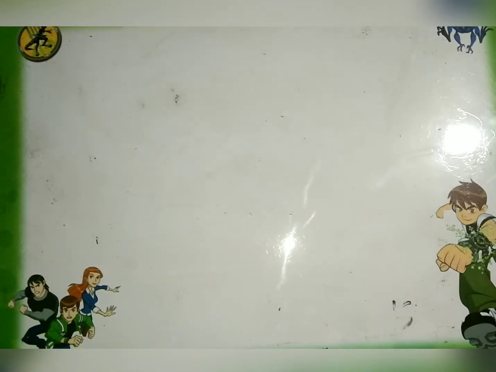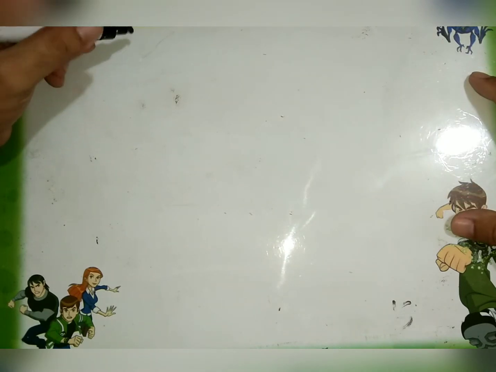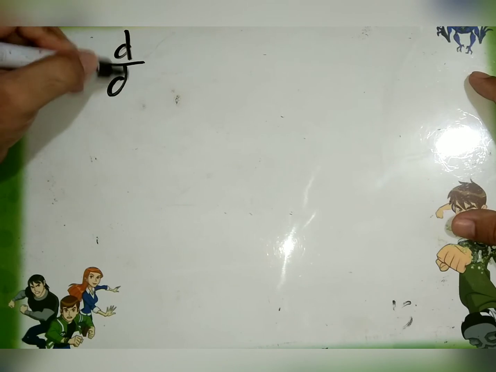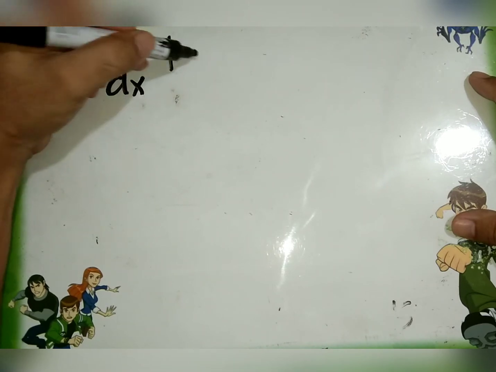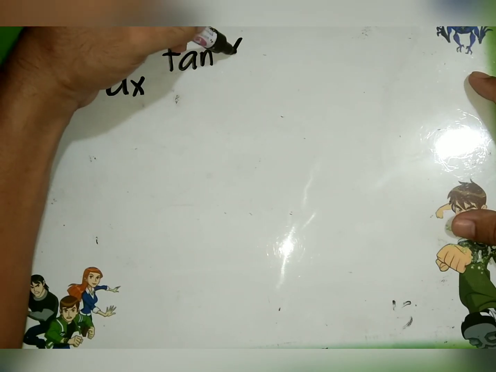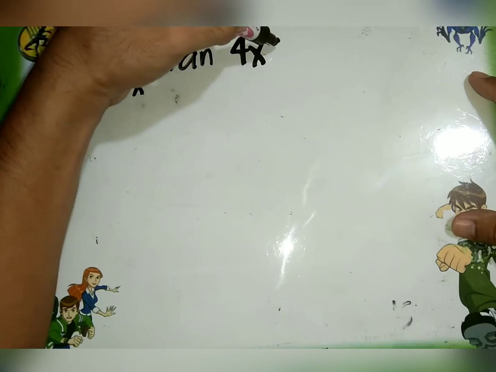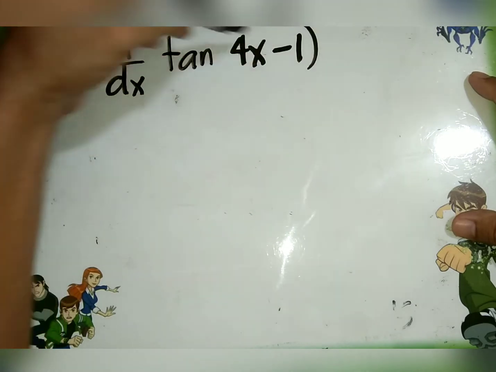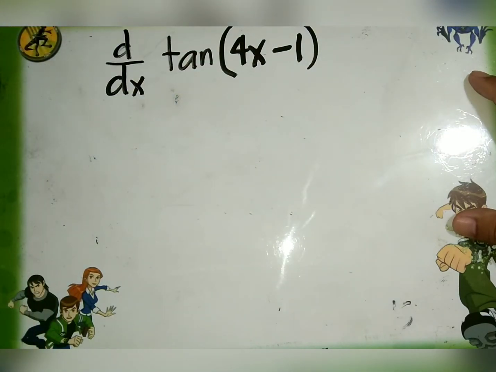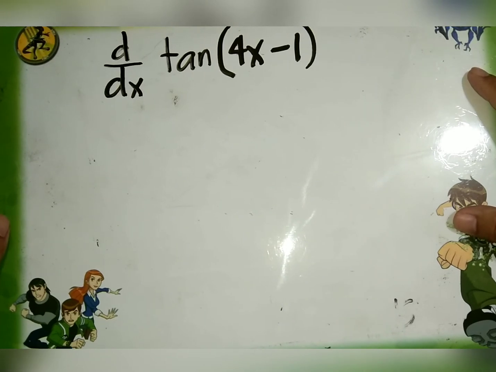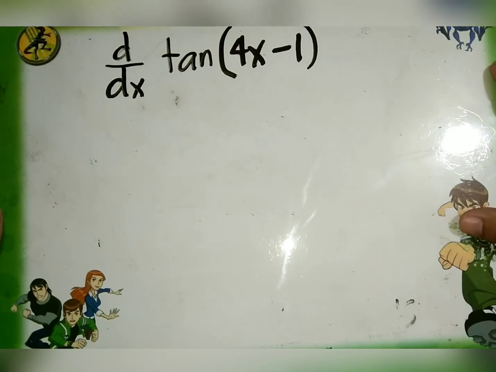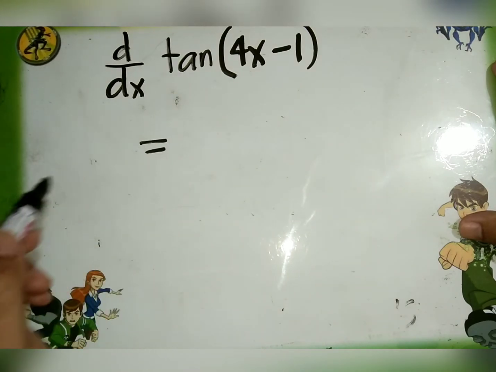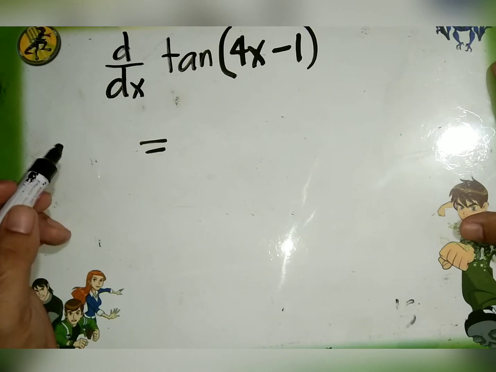Next, getting the derivative of tangent function. So, example, what is the derivative of tangent 4x minus 1? Derivative of tangent 4x minus 1 with respect to x is equal to, what is the derivative of tangent?